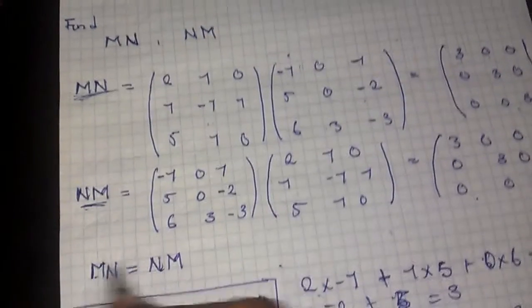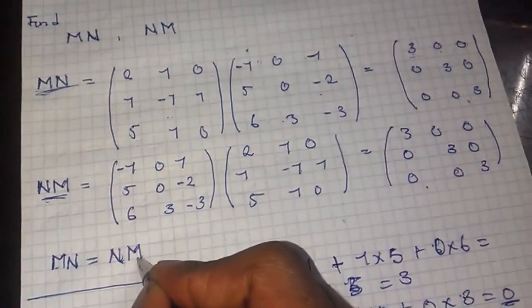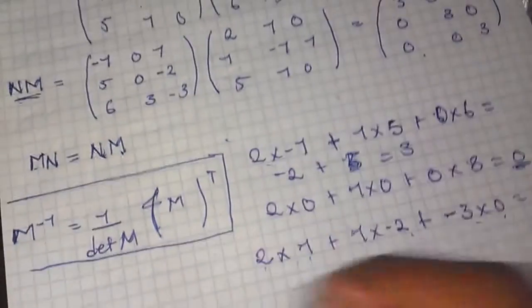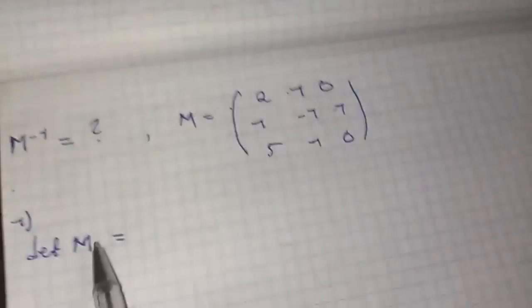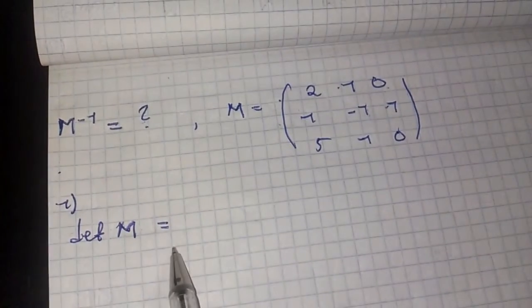So my conclusion was that MN and NM are the same, and that's correct. That's the normal conclusion. From there, they asked us to find M inverse. So I left a space here to look for M inverse. Before I look for M inverse, the first step is I should look for the determinant of N.